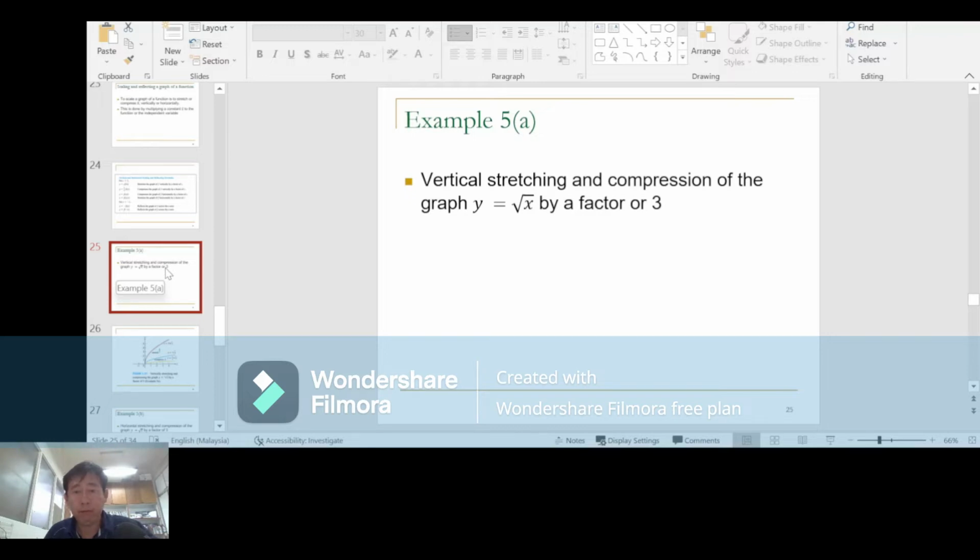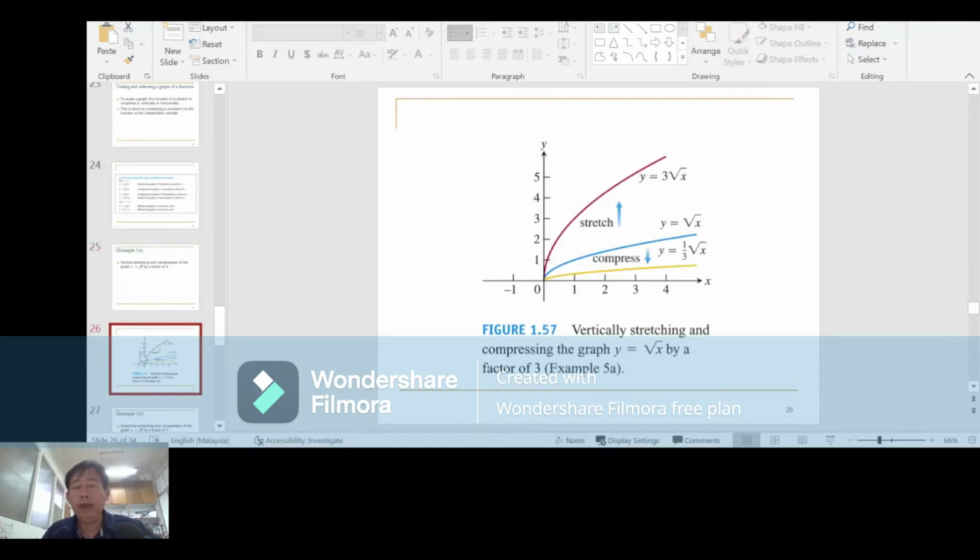So we have to perform the compression either vertically or horizontally. The compression or stretching of a graph horizontally or vertically will result in two totally different looking shapes of the function. So let us do it one by one. Let us take an example of compressing and stretching the function y equals square root of x.